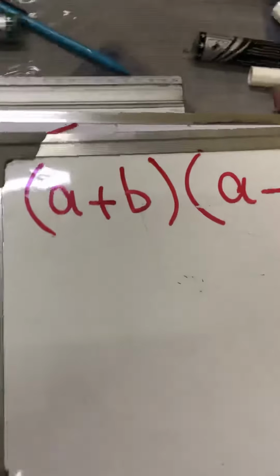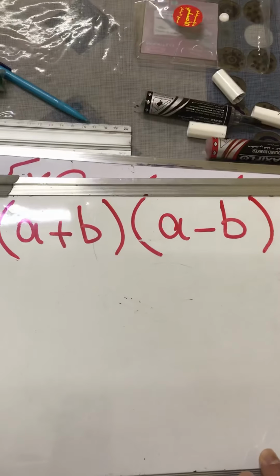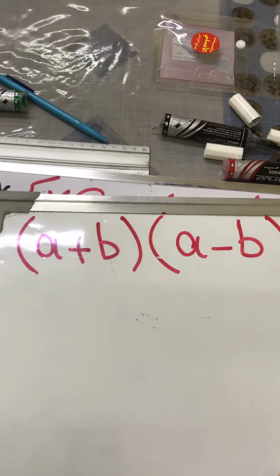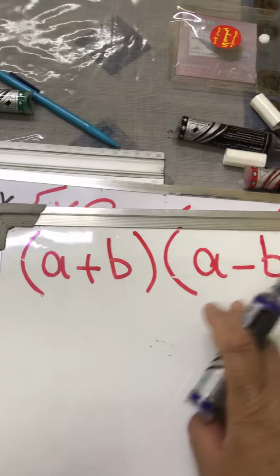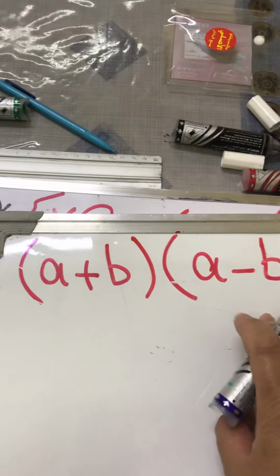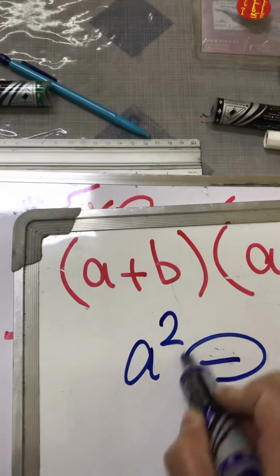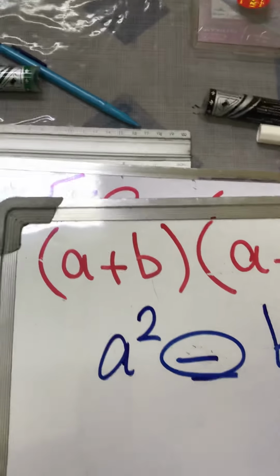Also, do you remember this shape or this case? I have 2 brackets exactly the same, a and b, but one positive and one negative. So the answer will be the first square minus the second square.